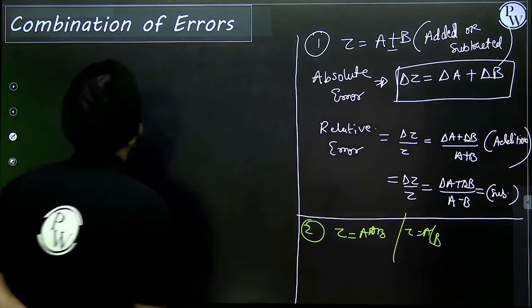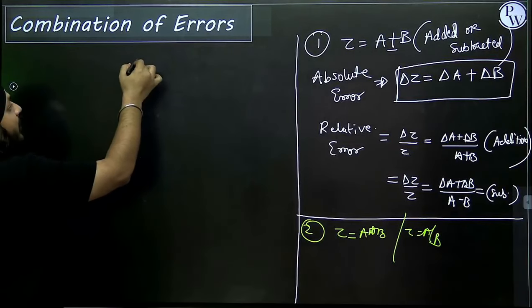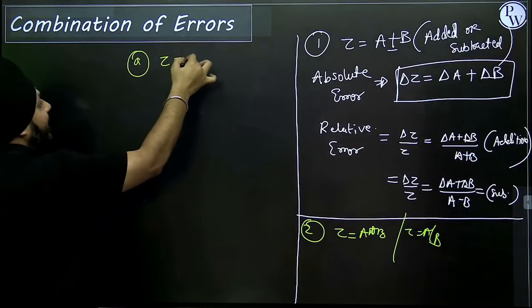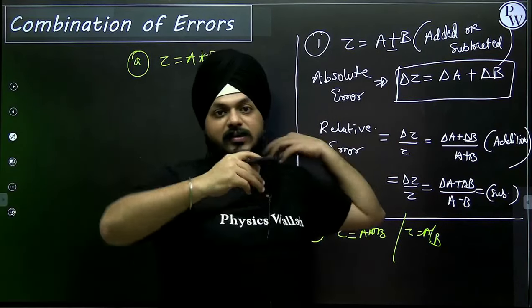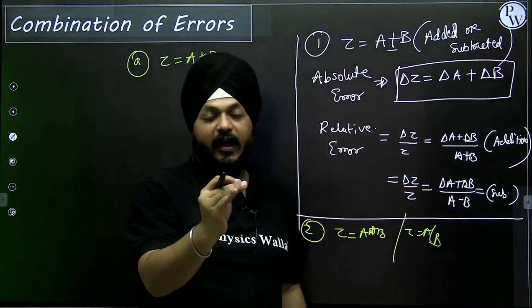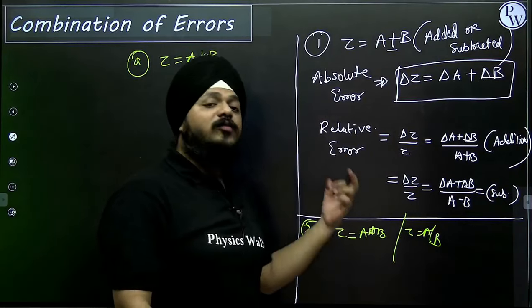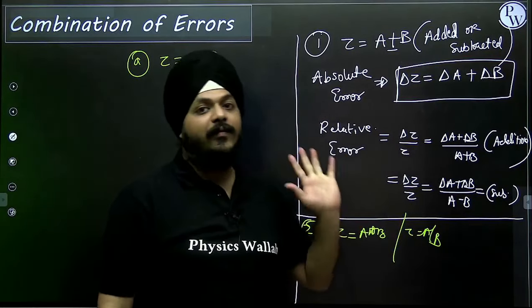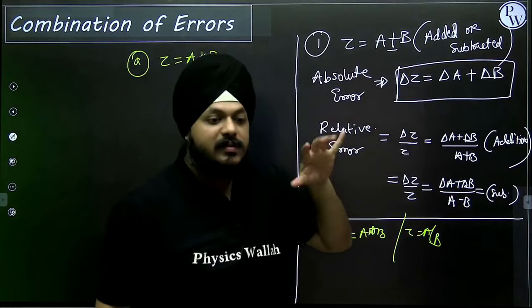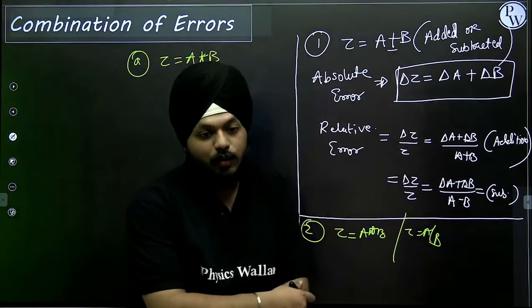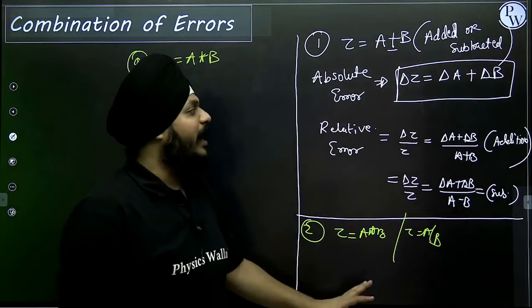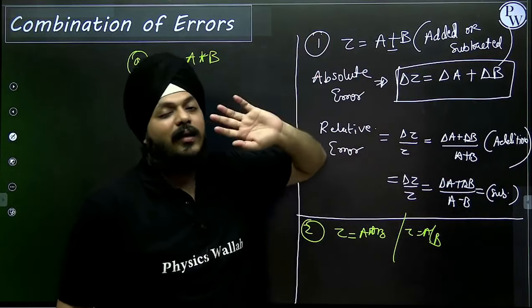In that case, it's a very simple thing. If it is a case of addition and subtraction, then we can easily calculate the absolute error. If it is a case of multiplication and division, we can calculate the relative error. The derivation of this uses the log and all of that, but we are not moving on to that part. We can directly remember this formula.